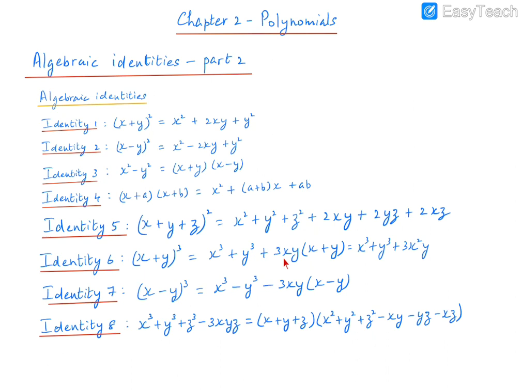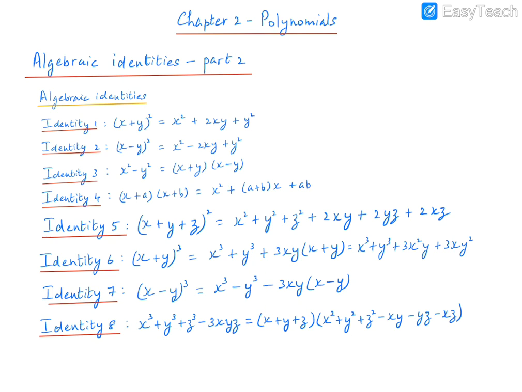I'm just opening up this bracket here, so it's 3x squared y plus 3xy squared. So we can write it either in this form or in this form, and we will see expressions appearing in both these forms, so we have to identify which form it is in and then use the appropriate identity to either factorize or to perform the computation.